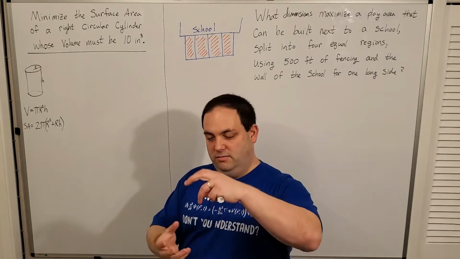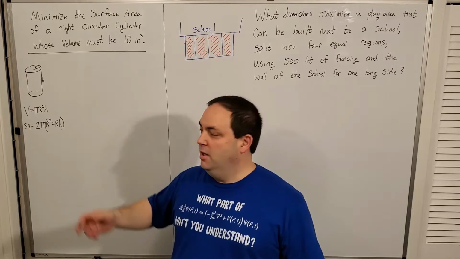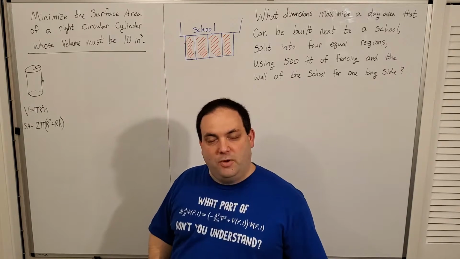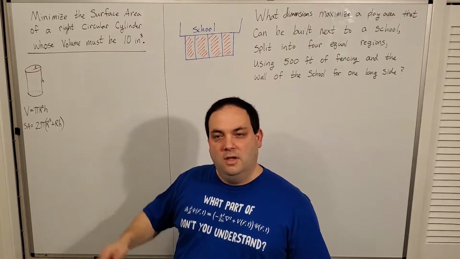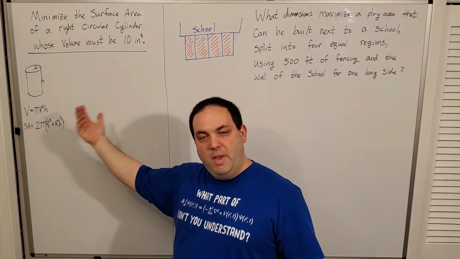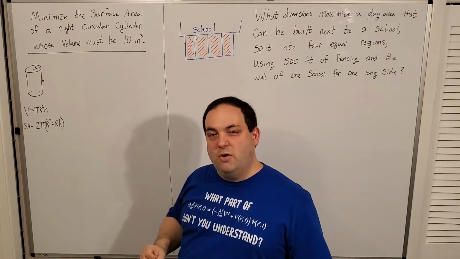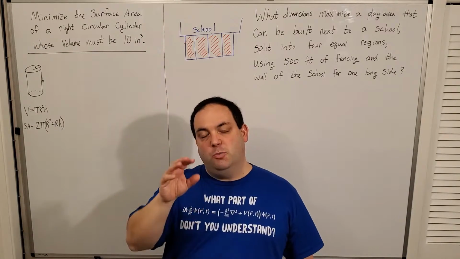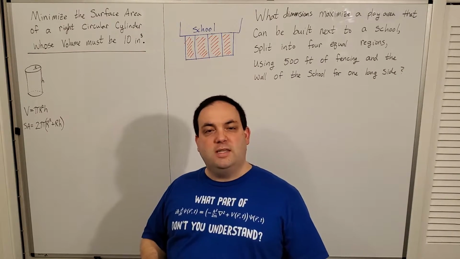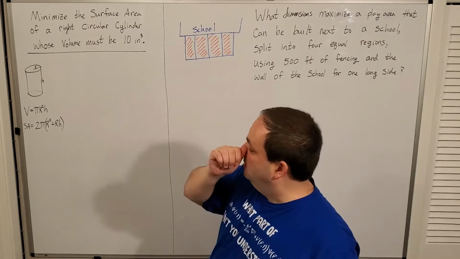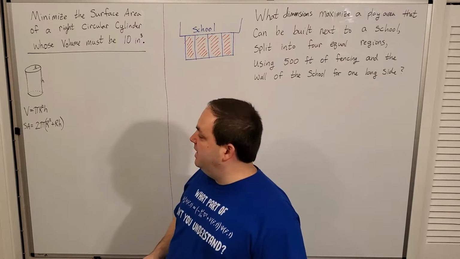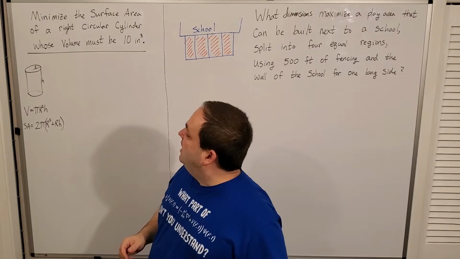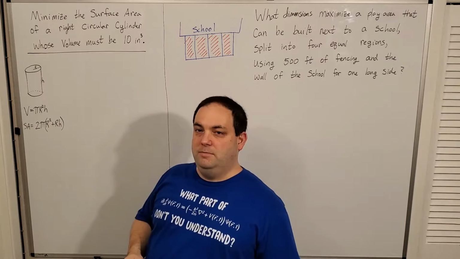The Coke cans are a little bit more complicated, but let's say the soup company wants to minimize their cost, so they're going to minimize the amount of metal that they need by minimizing the surface area while still keeping to a certain volume of soup that they always want to sell. Okay, so let's minimize the surface area given that the volume must be 10 cubic inches.